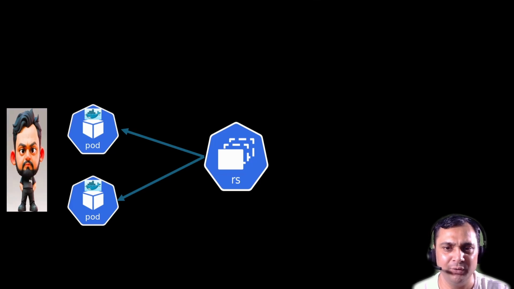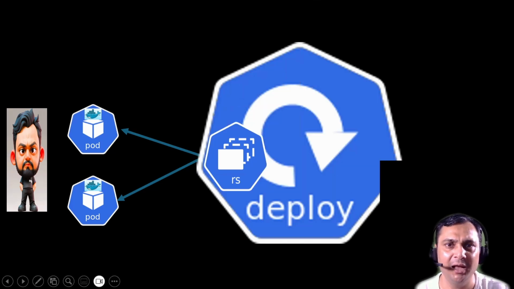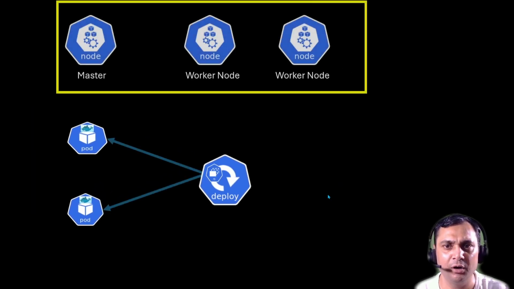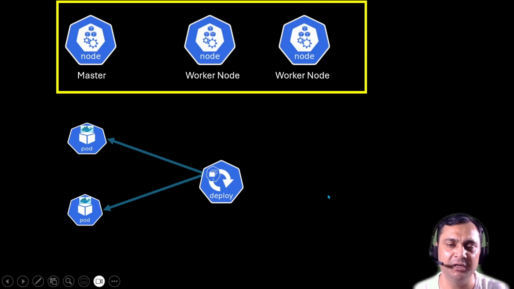Now my user is very happy that all these pods are being managed by the replica set. If we want to upgrade these replica sets, we have a deployment, and this replica set is being managed by the deployment. All of these are running inside the Kubernetes cluster.